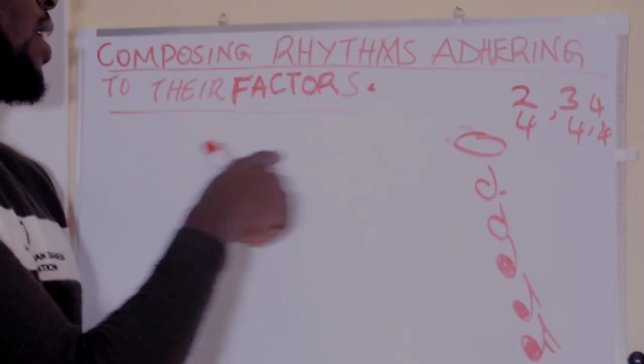We can have 1 crochet, and we can have 2 quavers, like that. We can do mathematics. 1 plus a half plus a half. You get, this is 1. 1 plus 1, you get 2. So that bar is balanced, okay?